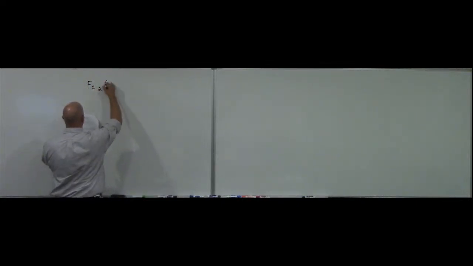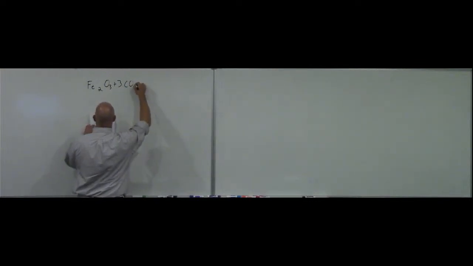It says, what mass of carbon monoxide, CO, is required to react with 25.13 grams of iron oxide according to the equation? And here's the equation. It is Fe2O3 plus 3CO yields Fe plus 3CO2.